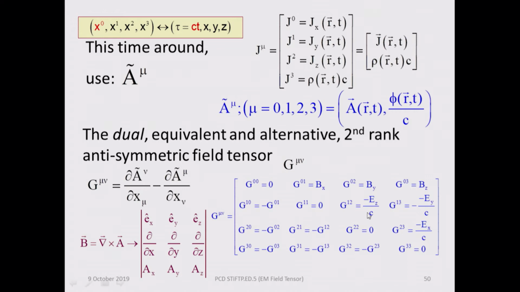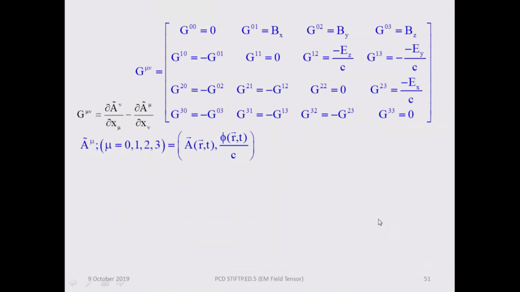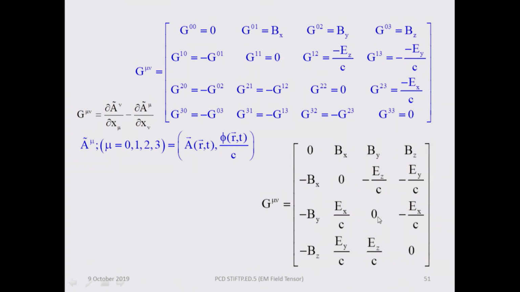So, once again you get a tensor of rank 2, you have 16 terms. You have an antisymmetric tensor, so that the off diagonal terms have got opposite sign and the diagonal terms are 0, and using this you have a compact expression for the electromagnetic field tensor, which is similar to what you had in the previous case, but notice that it is also different.